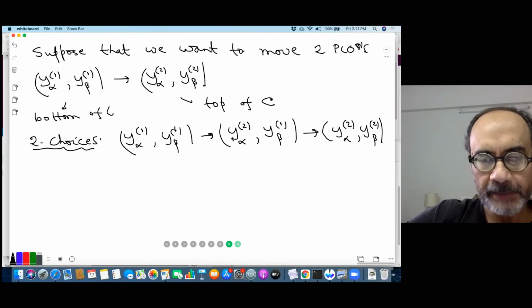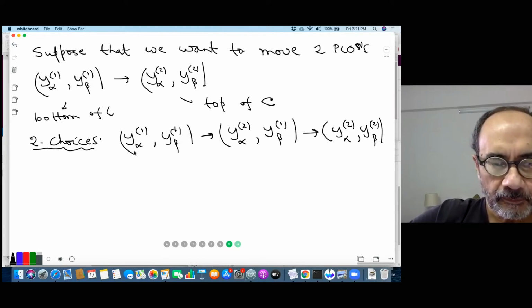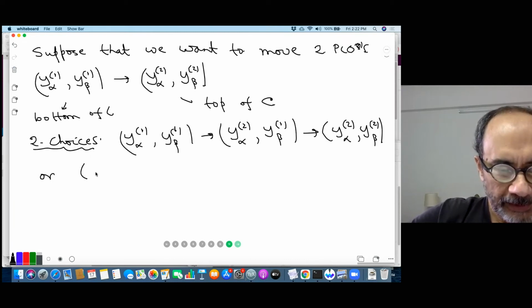Then each of these steps can be dealt with exactly as I described, because in each step we are only moving one PCO, so whatever formalism we used applies here. Or we can move the other way.